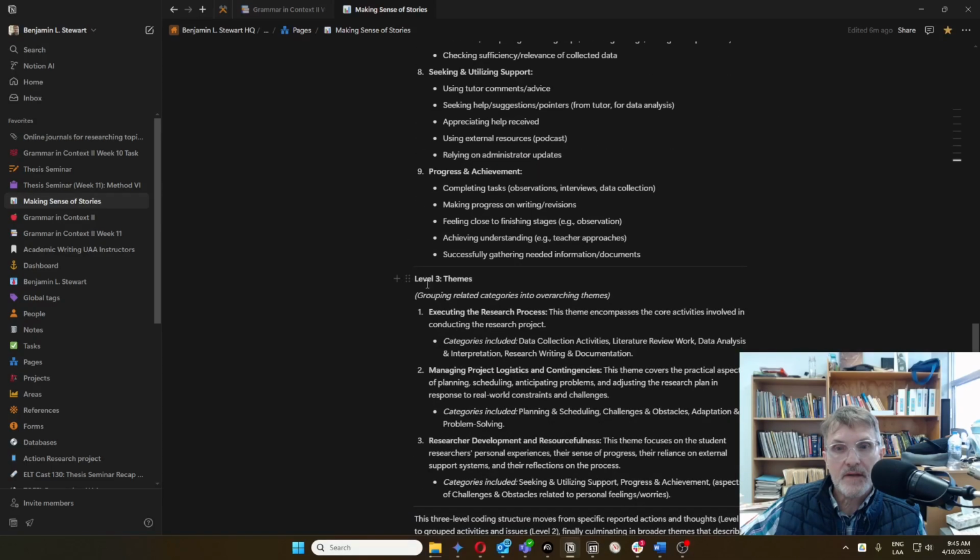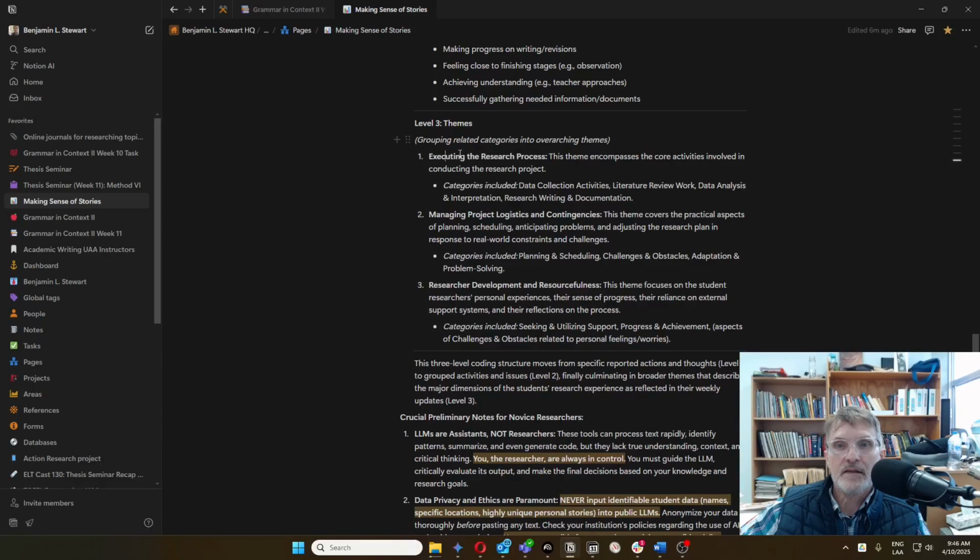And level 3 coding will then take those categories and generalize them into themes. And that's what they've done here. These are the categories, and now we're generating an even more broad label or name or code. Basically, these are my themes.